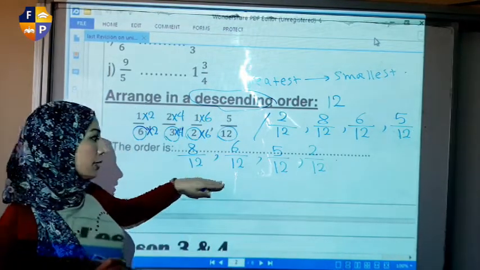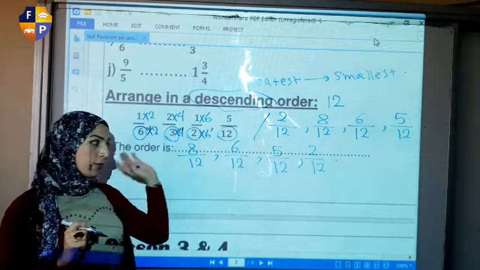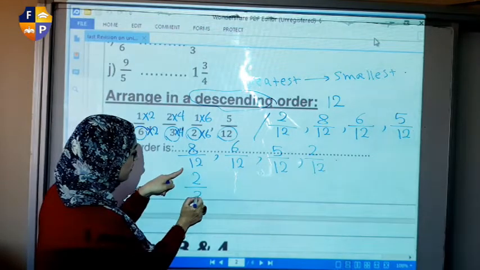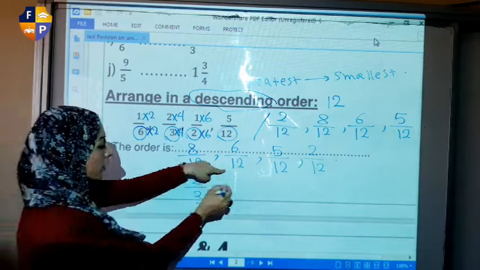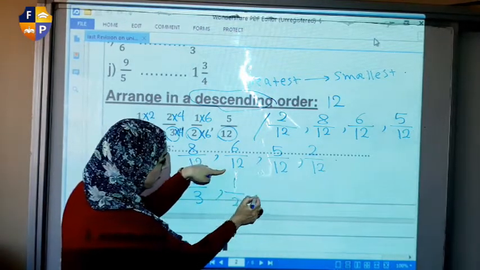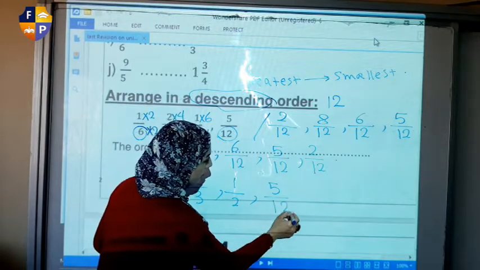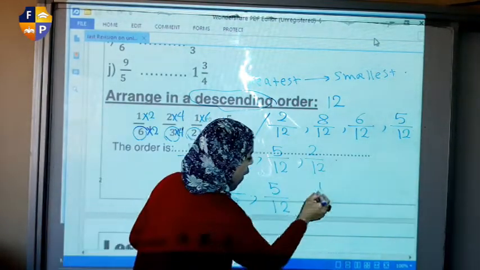You can write the fractions in their original form: 8 over 12, it was 2 over 3, and 6 over 12, it was 1 over 2, and 5 over 12 as 5 over 12, and 2 over 12, it was 1 over 6.